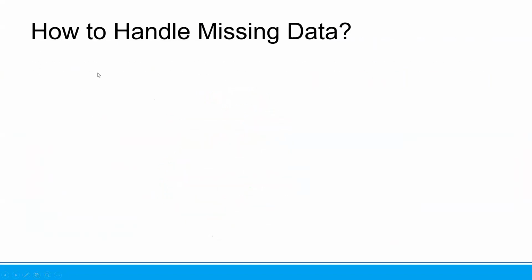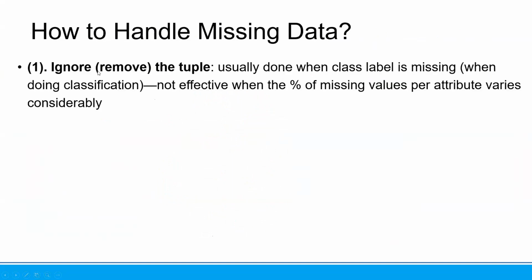So how to handle the missing data? There are at least three things. The first is to ignore or to remove. So it means we will just delete. We do not consider the data in our analysis.